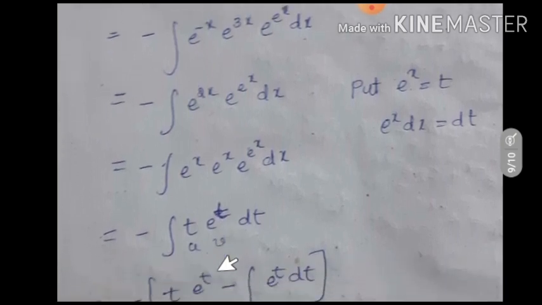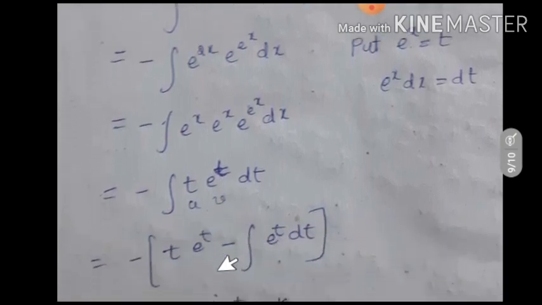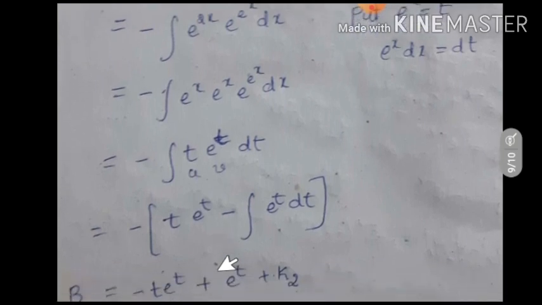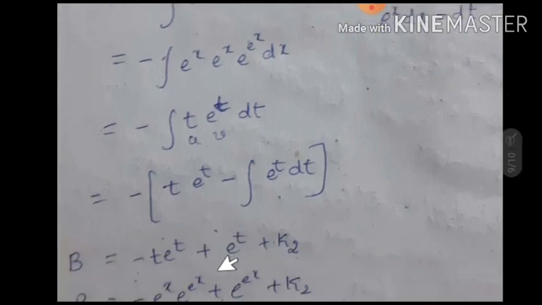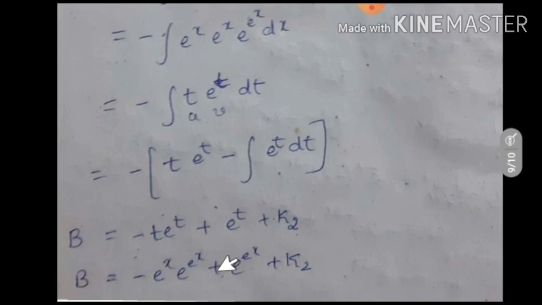I am considering that you are familiar with the general formula. According to the ALATE order, algebraic comes first, so I take t as u. Exponential comes next, so exponential is taken for integration.